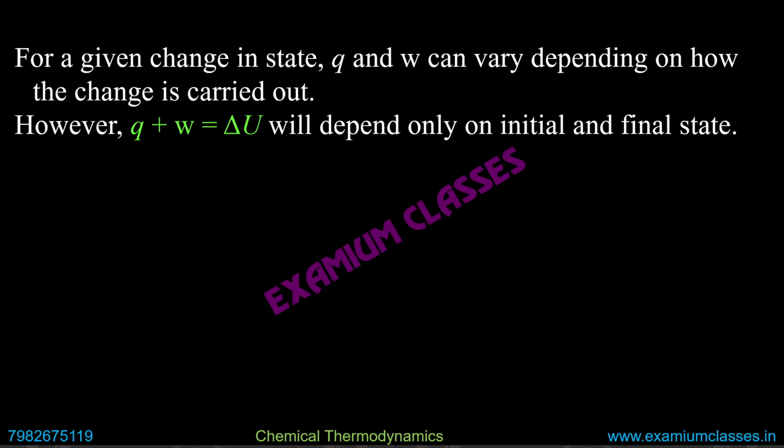Another point which is important and a question appears from here. If you remember, I said that delta U is a state function because it depends only on the state, that is initial state and final state. You get the difference, you get the value of delta U. But Q and W both are path functions.